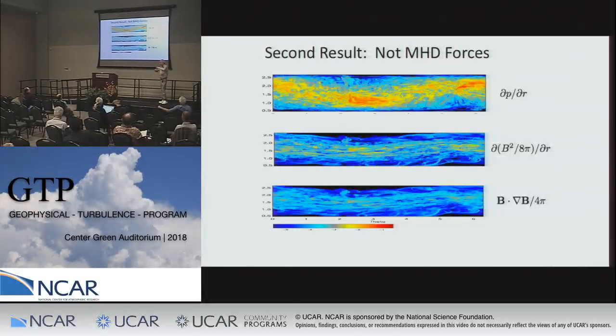So fluids move. It's a bulk Reynolds stress that's really what's important. This is the magnetic pressure force, which is much smaller than this simple pressure force. And the Maxwell stress is even less important for this.